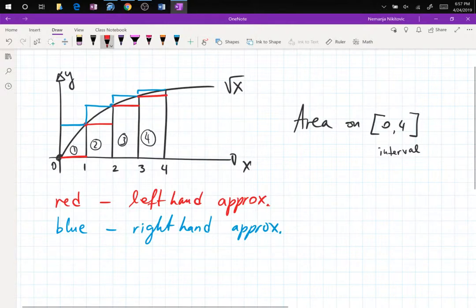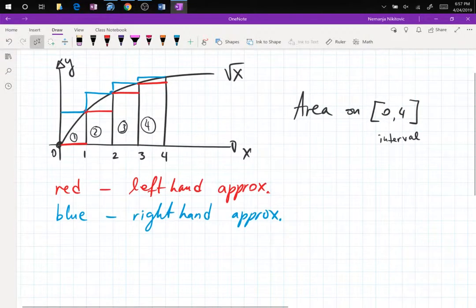Now, let's go and calculate red in this case. So left hand. So area 1, the first rectangle, is going to be 0, yes, but I want to calculate this.